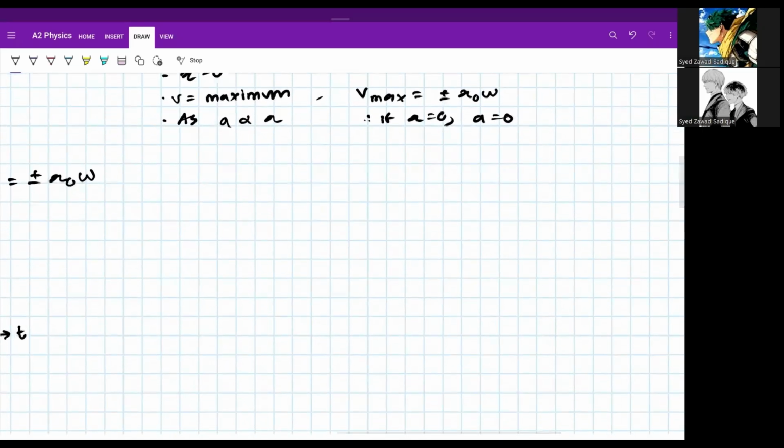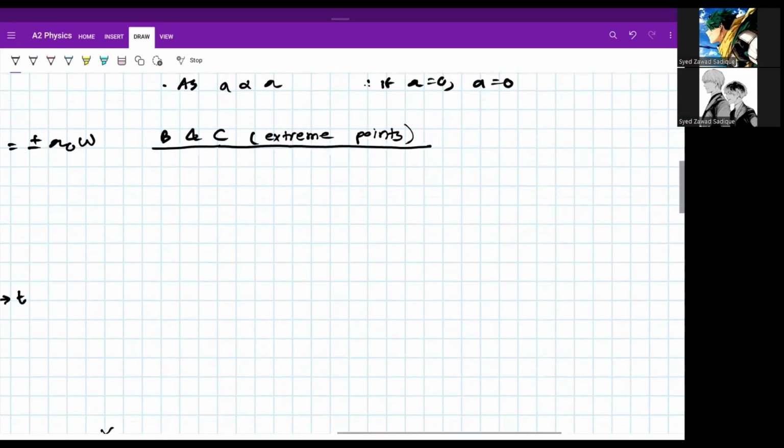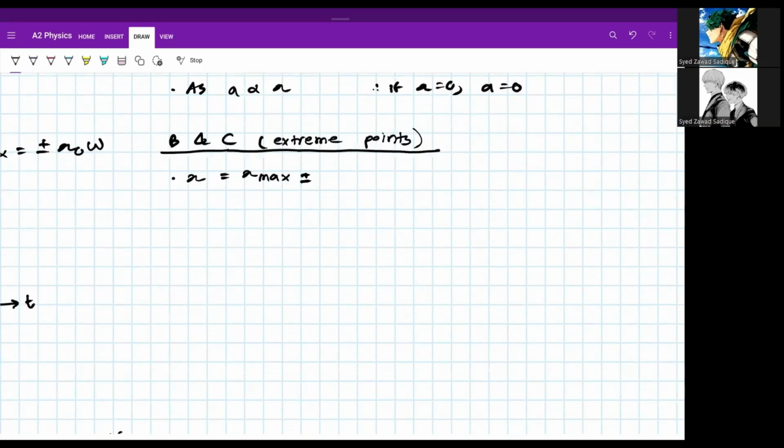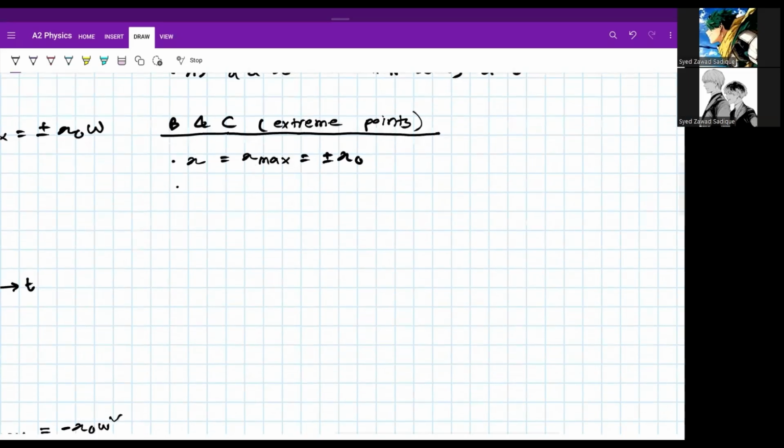For B and C, which are also known as extreme points, displacement is equals to x max, which is equals to plus minus x naught. v is equals to 0.